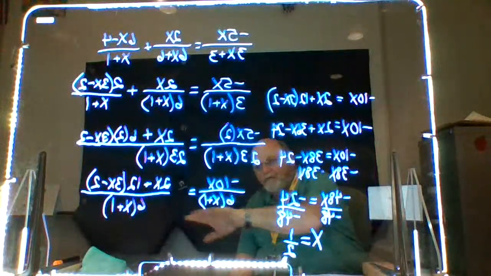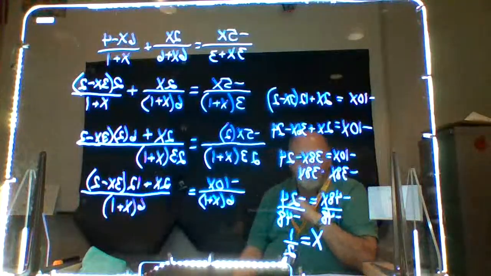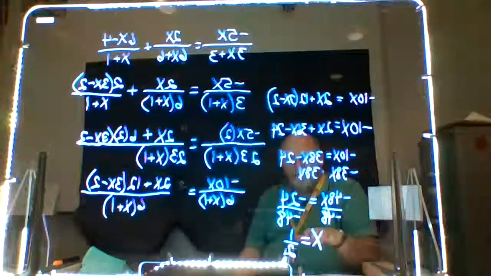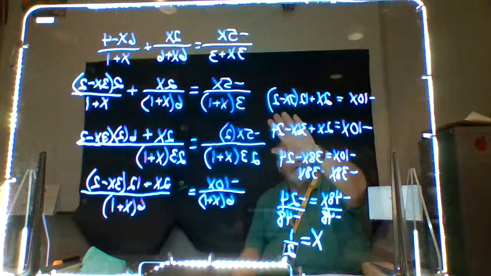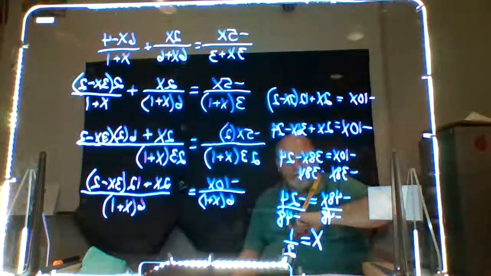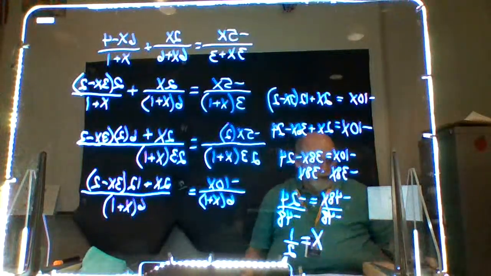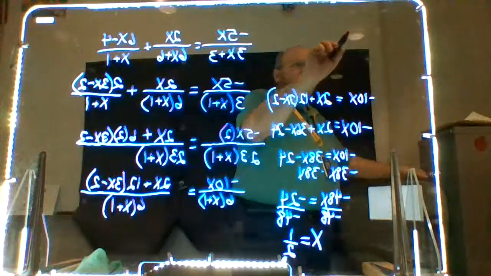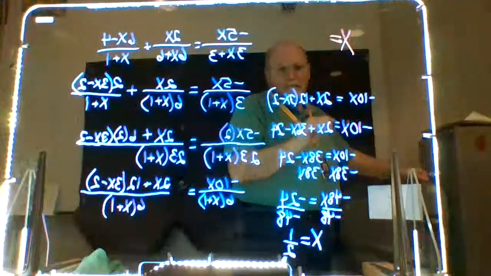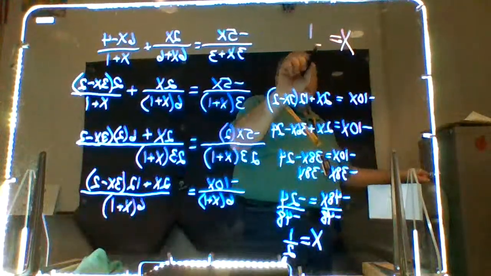I multiplied everything by 6 times x plus 1. That got rid of the denominator completely, and just left me with the numerator. So that's how that happened. So we don't have that denominator anymore. It's just 1/2. And there is x equals 1/2.